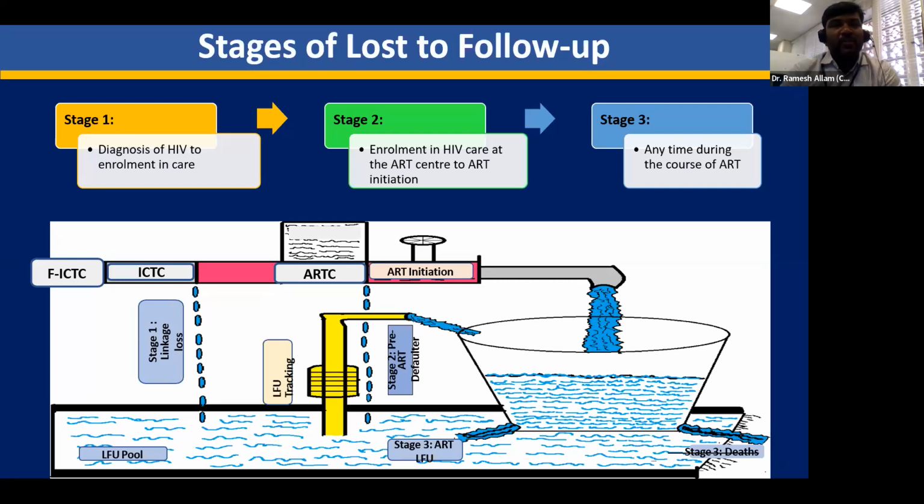There is a first linkage loss that you see. The second loss is among those patients who are registered but not initiated on ART. And then you also see a third loss occurring when a patient is on treatment. You also lose somebody during the course of antiretroviral therapy.